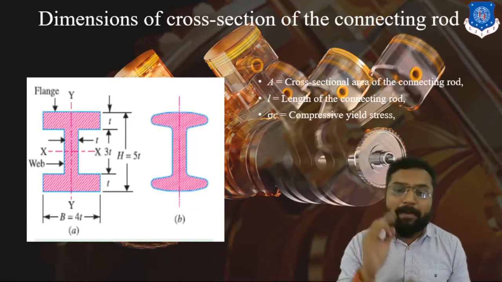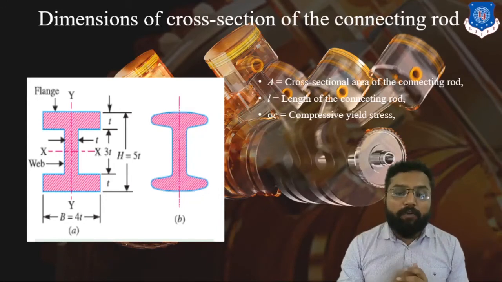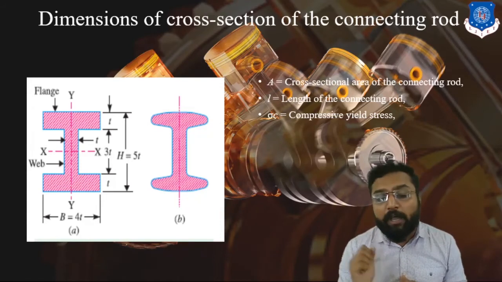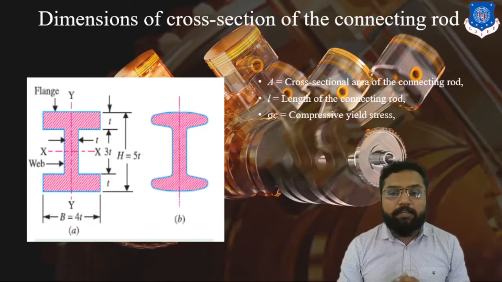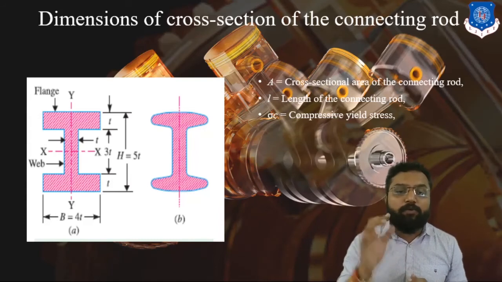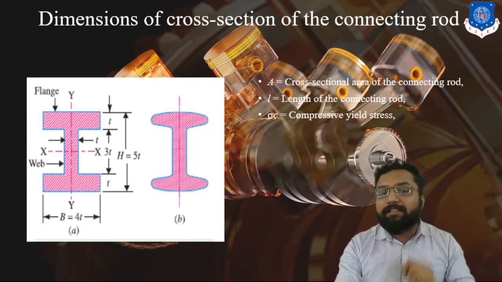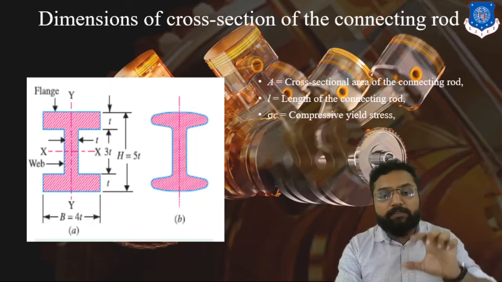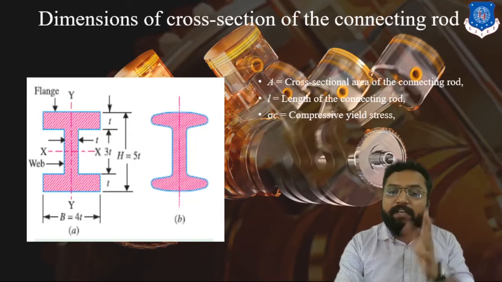So for this compressive stress, we are going to determine the working stress or working load on this component while considering Rankine's theory. So our connecting rod will be subjected to compressive stress, which is defined by Rankine's theory, and after that it will be subjected to different types of stresses.